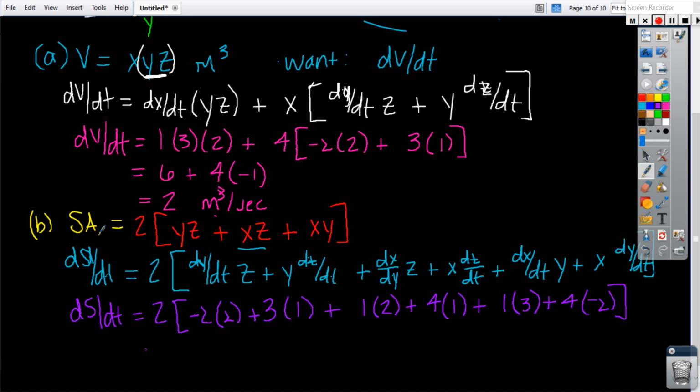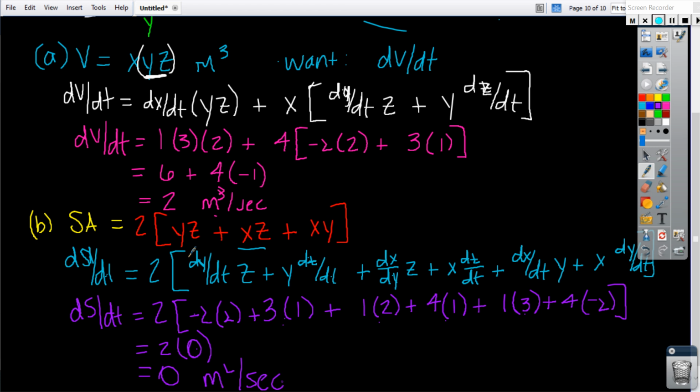All right. 2 times -4 plus 3 would be -1. Plus 2 is 1. Plus 4 is 5. Plus 3 is 8. Minus 8 is, oh, look at there, 0 meters squared per second.